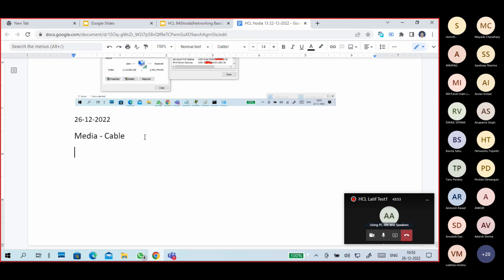Of course, in a home we have wired and wireless devices, so we are using both mixed. Currently, I first connected with wireless Wi-Fi to my router. Now I connected with the wired. You can see this symbol. This symbol represents I connected with a wired connection.